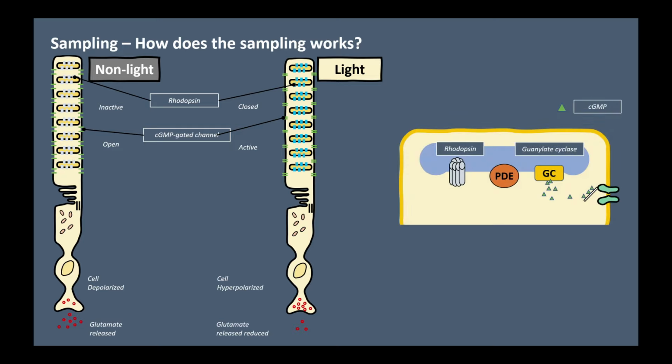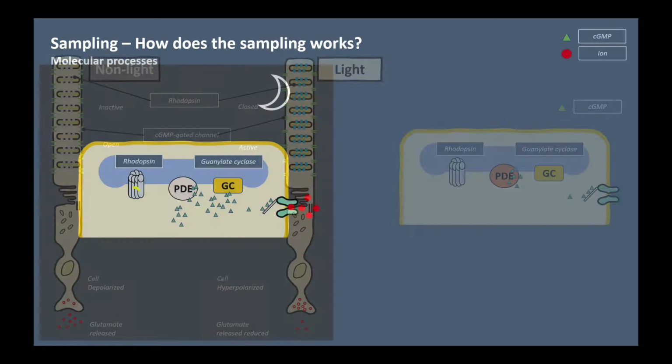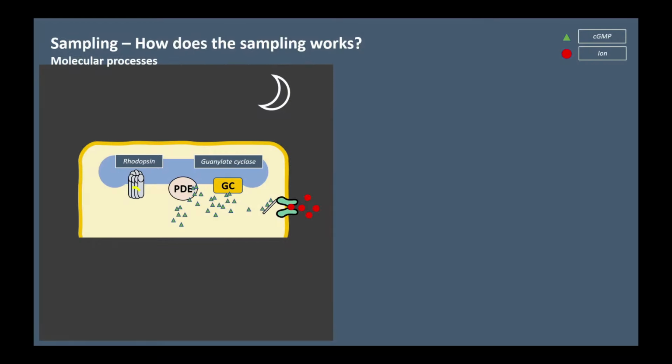cGMP is produced by guanylate cyclase and hydrolyzed by the PDE enzyme. In the dark, the PDE activity is low, the cGMP concentration is high, and the cGMP-gated channels are open, allowing the influx of sodium and calcium ions.